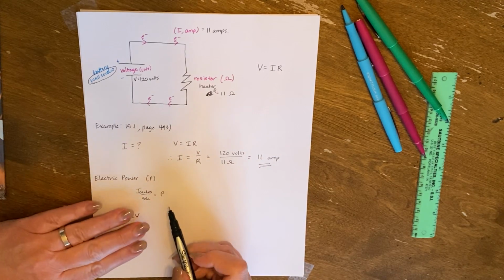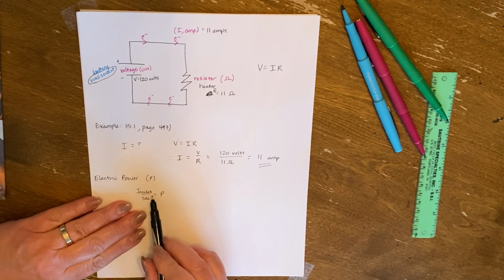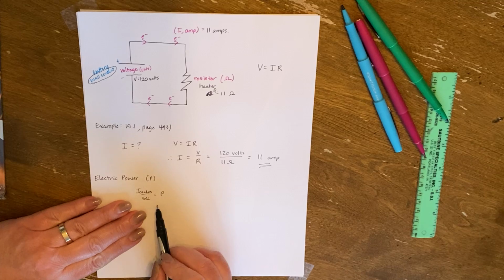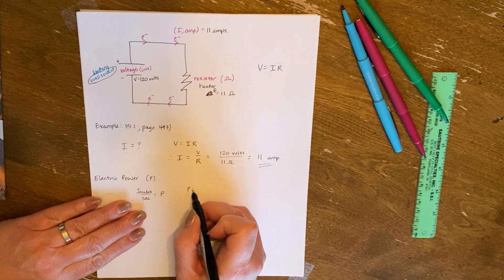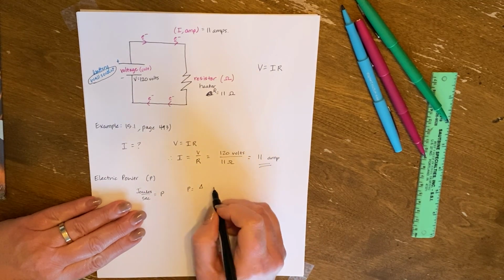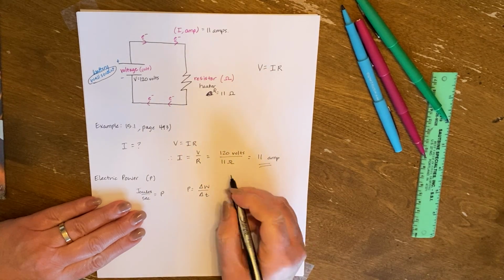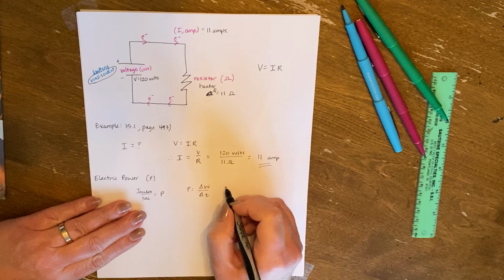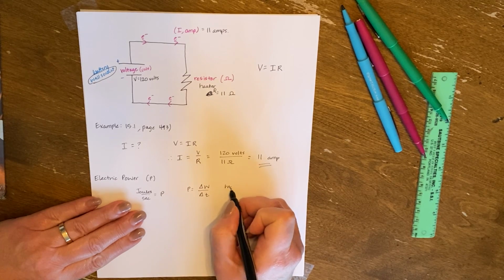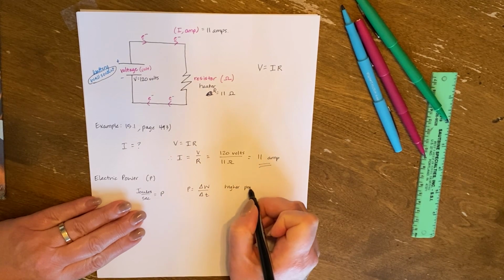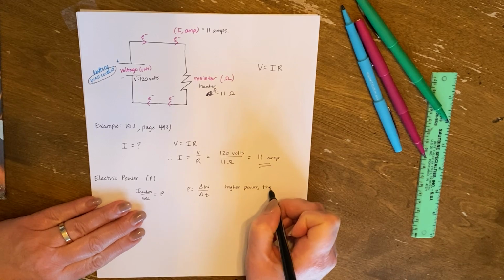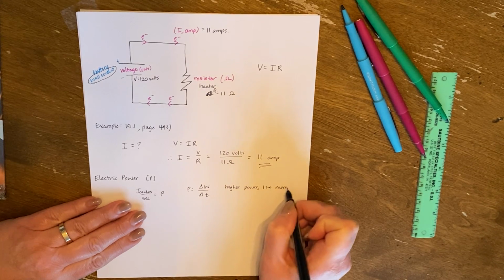I got ahead of myself a little bit, so I'm going to go back. We talked about how many joules it was per second. We defined power as the change in work over the change in time, okay? And the higher the power, the more energy we had per second.